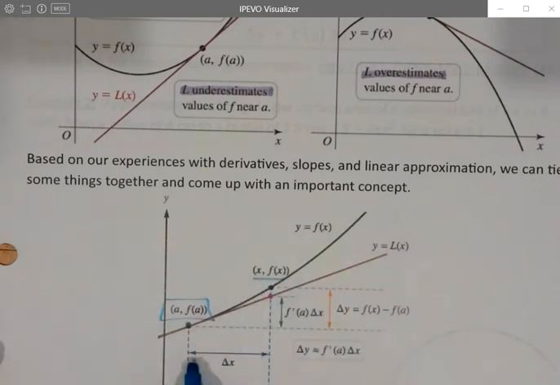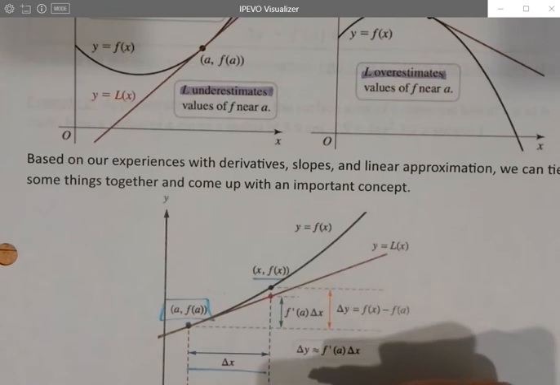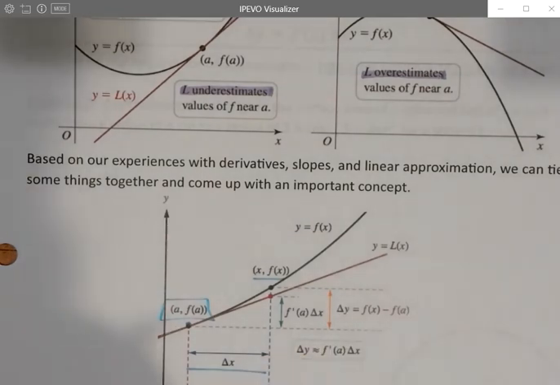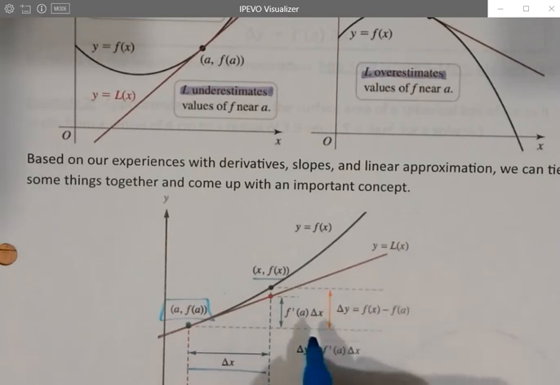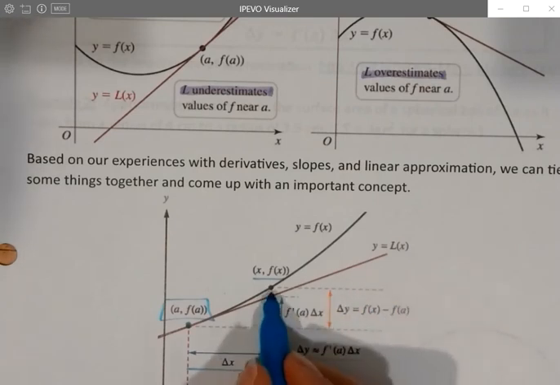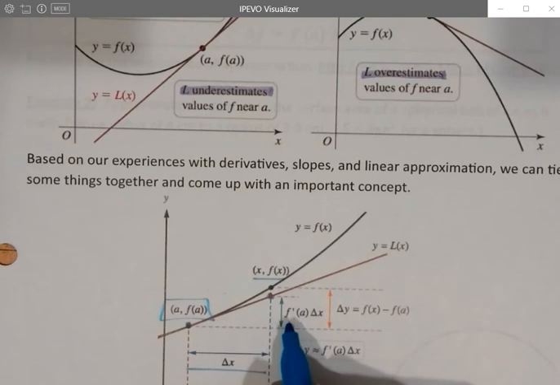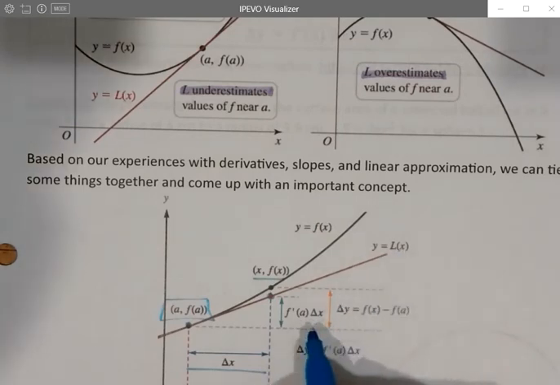It's a step size delta x away from a, and the linear approximation gives you an approximate value of the derivative times the change in x, because that's how I'm calculating the y value, just linearly.